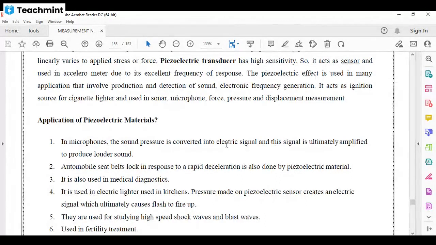Another application is the automobile seat belt lock in response to rapid deceleration, and it is also done by using piezoelectric material.